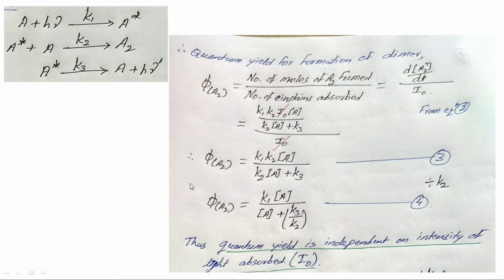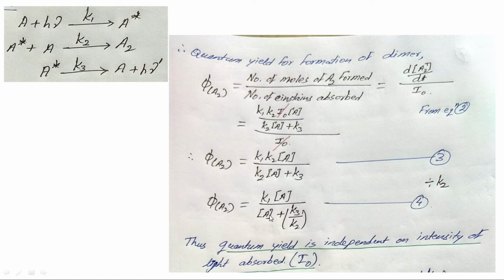By looking at this equation you can clearly observe that the quantum yield for formation of dimer, A2, is independent of I naught. But as we can observe here, the molar concentration of anthracene is there in the denominator as well as the numerator.